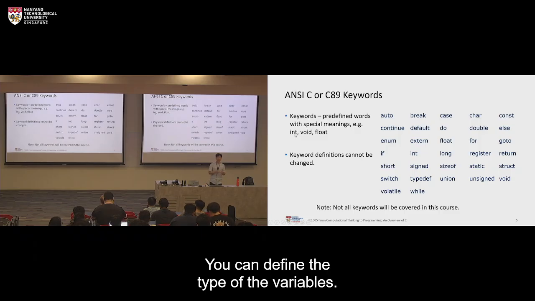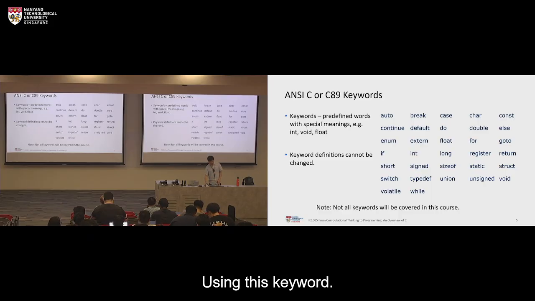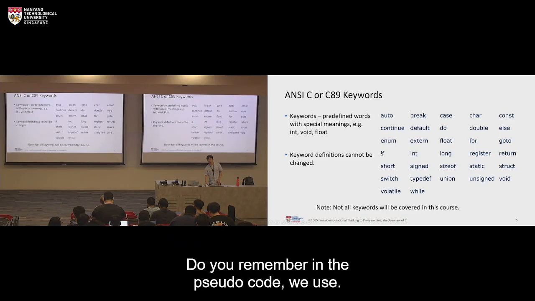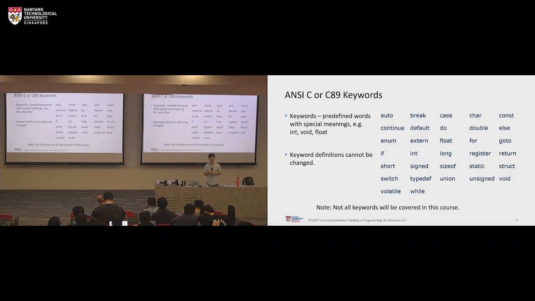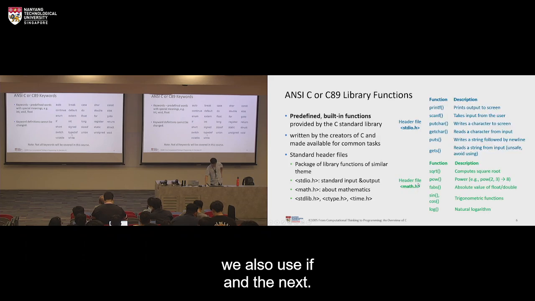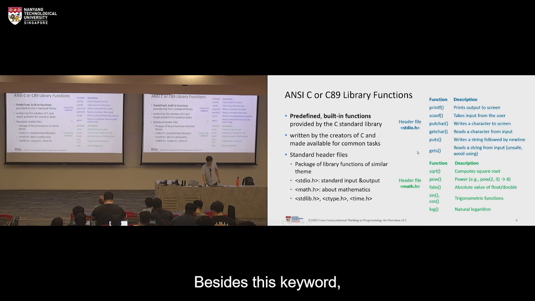You can define the type of variables using these keywords. You can use if for decision making. Do you remember in pseudocode we use if else, right? And in actual C language we also use if else.